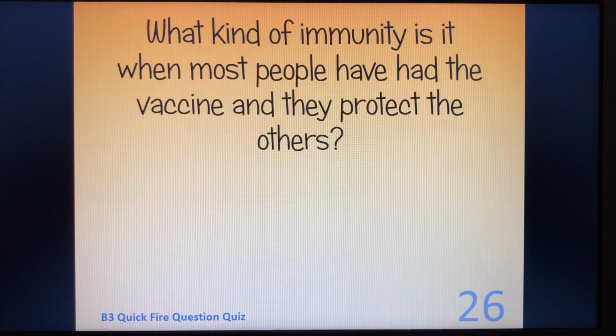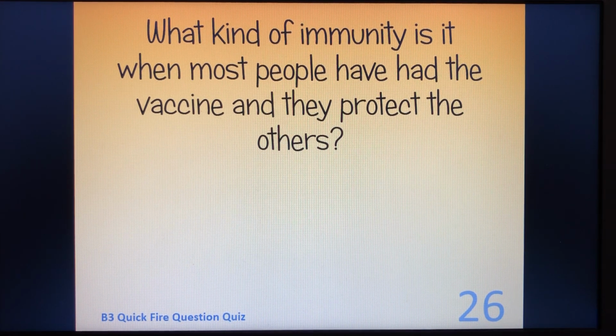Okay, question 26. What kind of immunity is it when most people have had the vaccine and they protect the others? So we've had active immunity and we've had passive immunity, okay? This is where most people have the vaccine for whatever reason. A few people have not had the vaccine, but they're protected by the others.